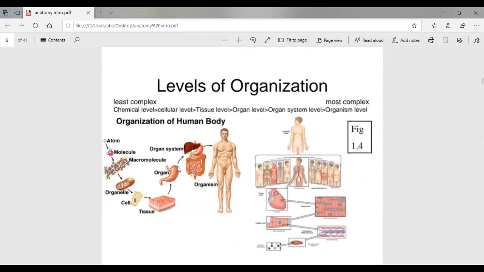Atoms are small particles, in the size of micro to nanometers. So when various atoms combine, they form a molecule of water, a molecule of carbohydrate. There are various examples of molecules, right? Then when many molecules combine, they form a macromolecule. Then combination of macromolecules and organelles is a cell.